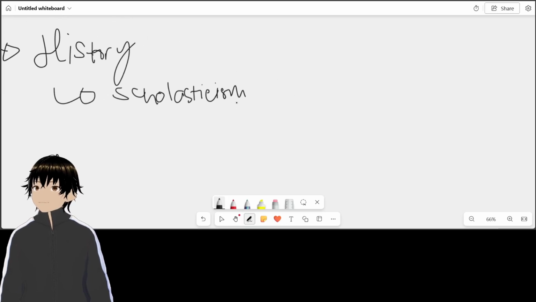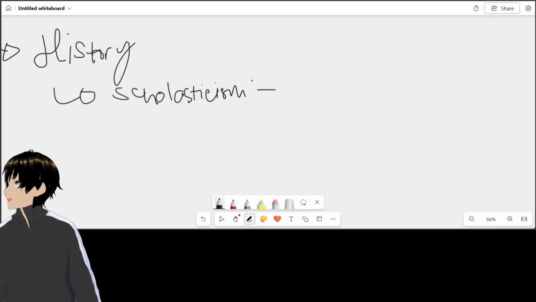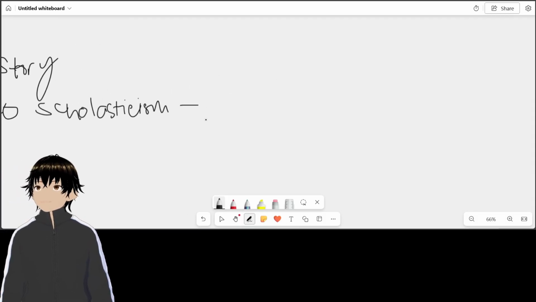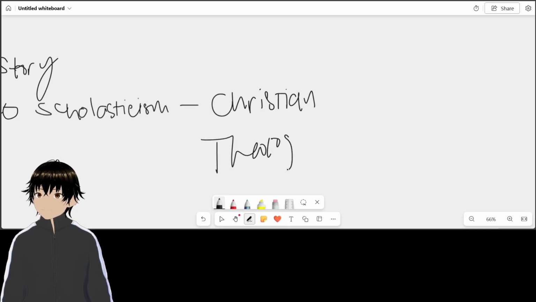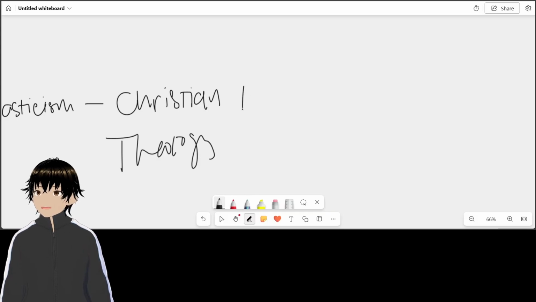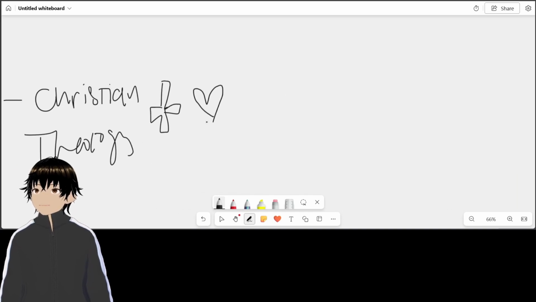And this movement basically aimed to connect Christian theology, let's just put a symbol here, the cross, with dialectical reasoning.